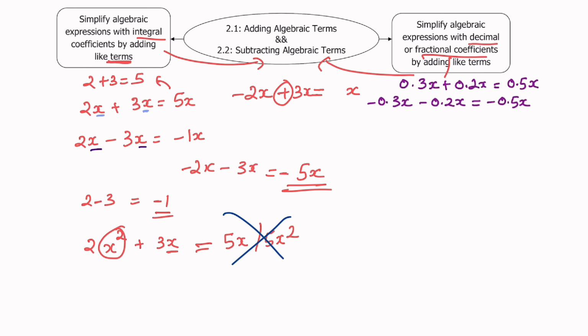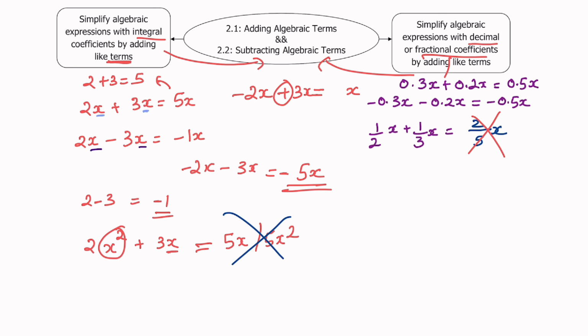Now let's try some fractions, because when it comes to fractions, it gets a bit tricky if you are not careful. Let's say 1 by 2x plus 1 by 3x. What students usually do is they say this is 2 over 5x, and unfortunately that is wrong.